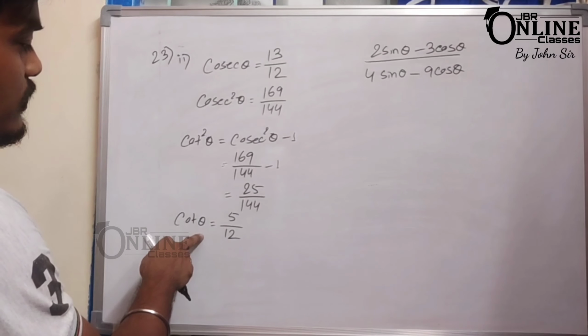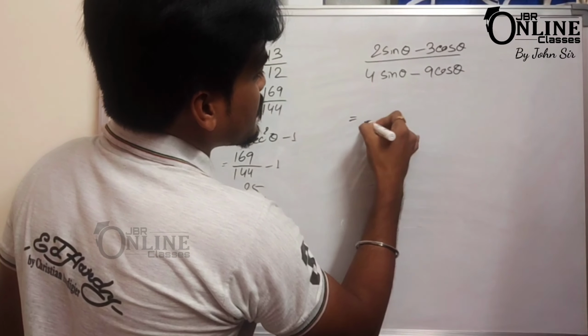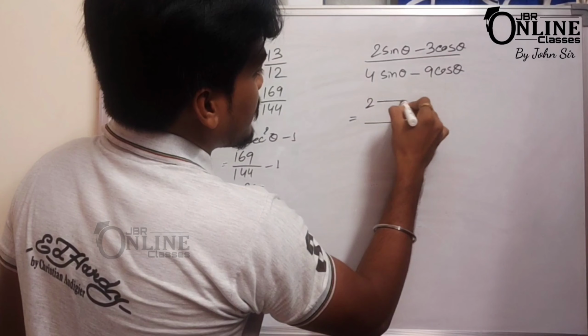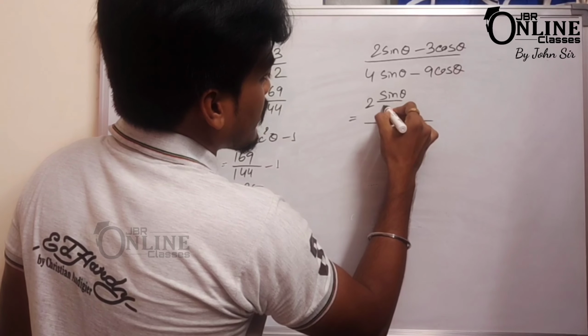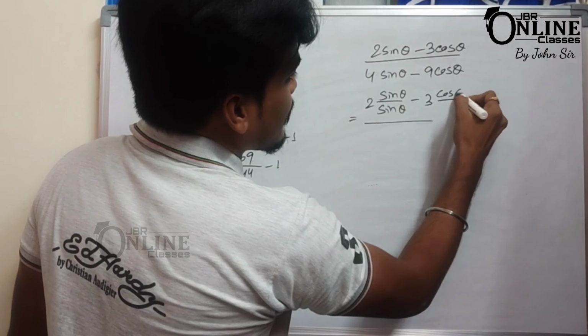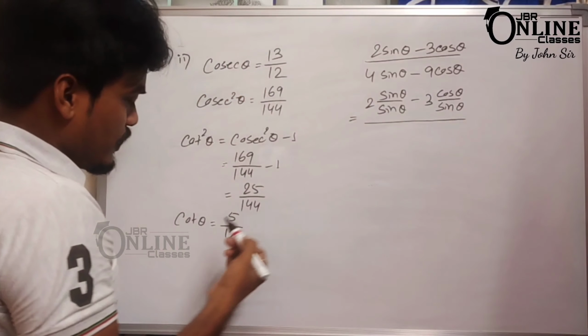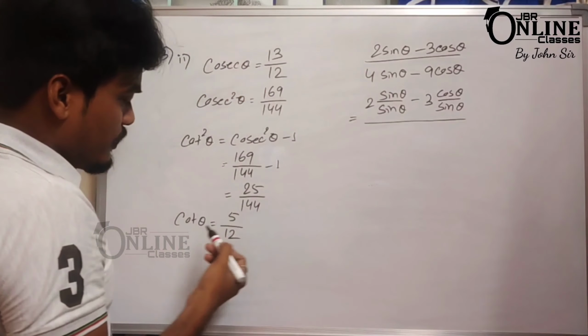Okay, so as cot theta equal to 5 by 12, then here we can just divide numerator and denominator by sin theta. So this one sin theta by sin theta, here cos theta by sin theta, and you know that cos theta by sin theta equal to cot theta, so you can easily put down the value of cot theta here.